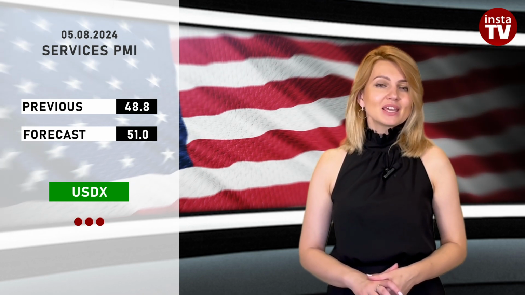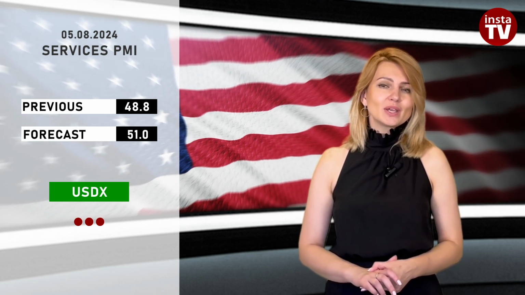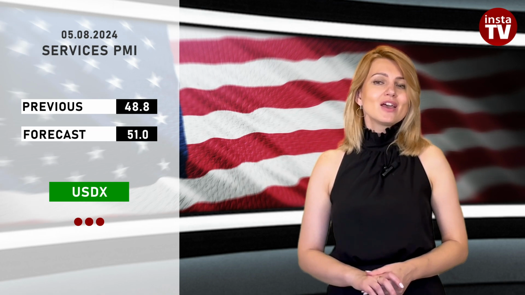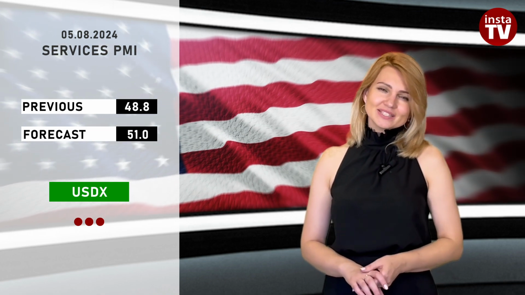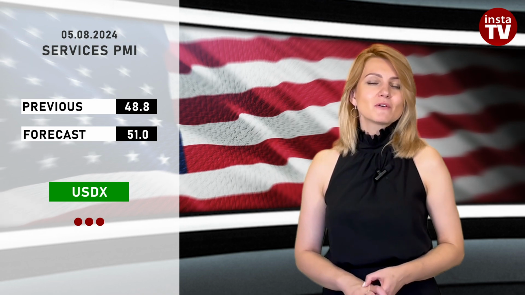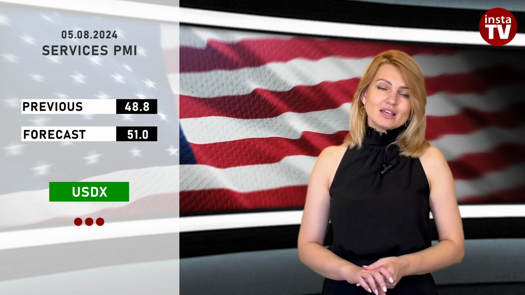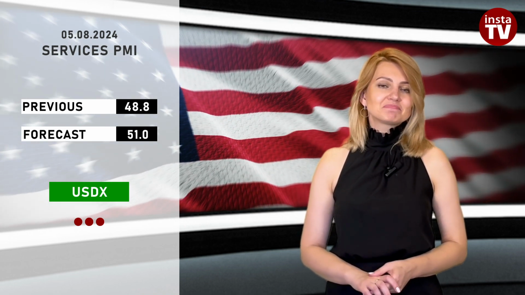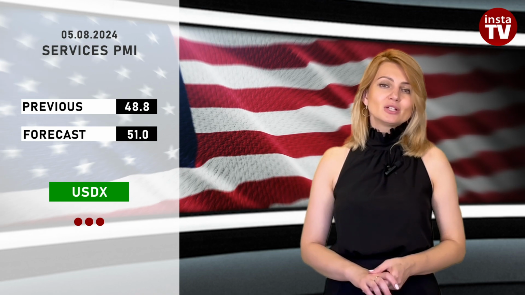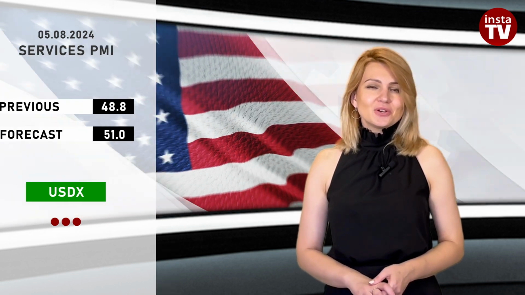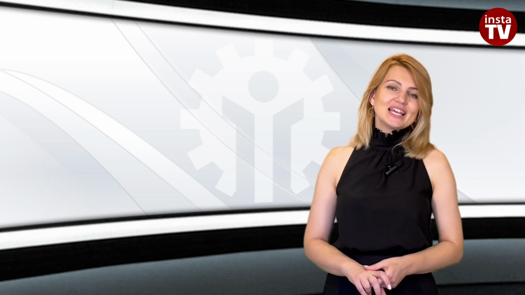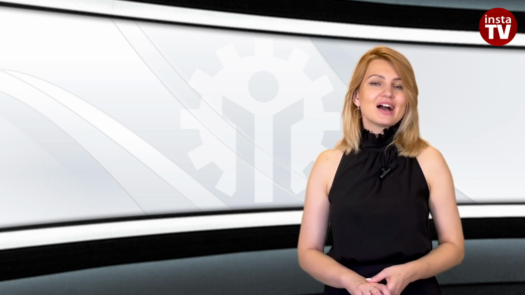With the summer vacation season in full swing and business activity growing at its fastest pace in a year, the services sector is poised for further expansion. The US services PMI is anticipated to edge up to 51 points in July. This, in turn, could support the dollar, leading to its potential rally or at least heightened volatility.